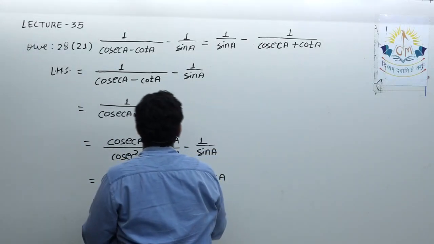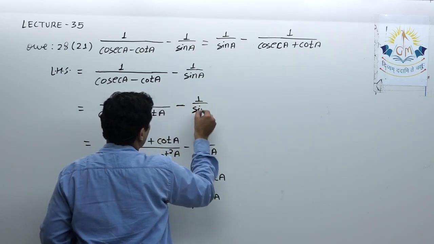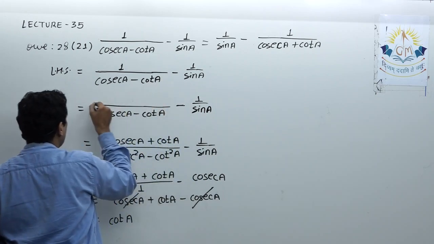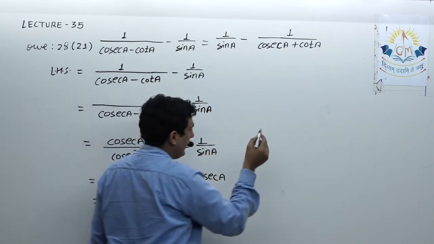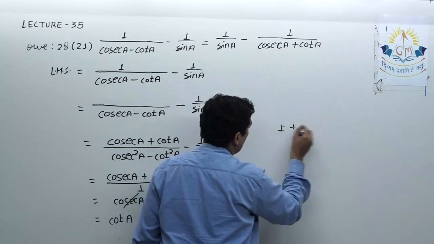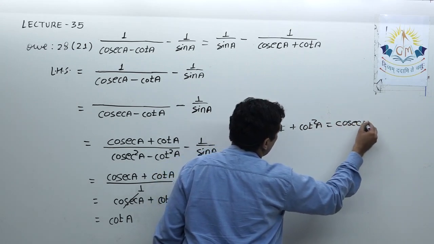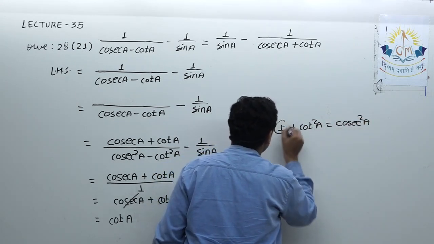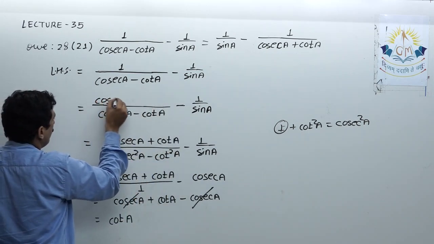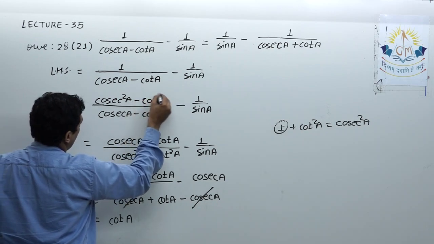So what I can do, see this is as it is 1 upon sin A, and instead of rationalizing I can replace this 1 by this identity. The identity I used was 1 plus cot square A is equal to cosec square A, isn't it? So in place of 1 I can write cosec square A minus cot square A.